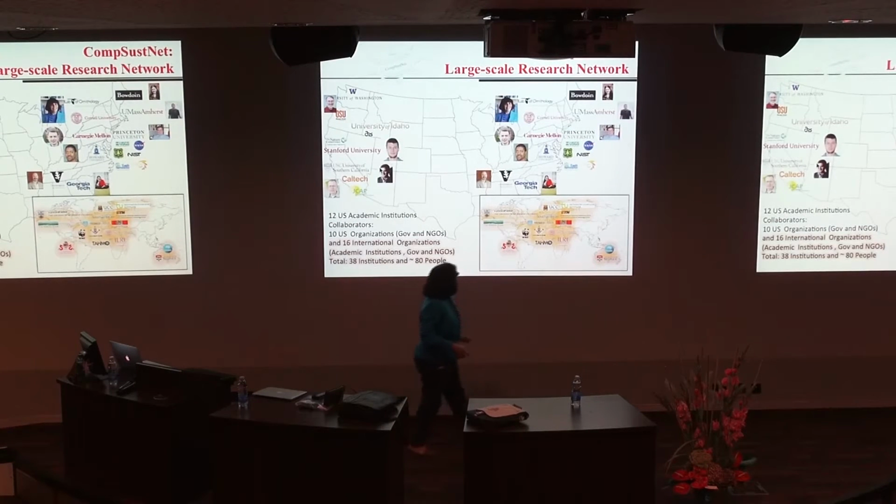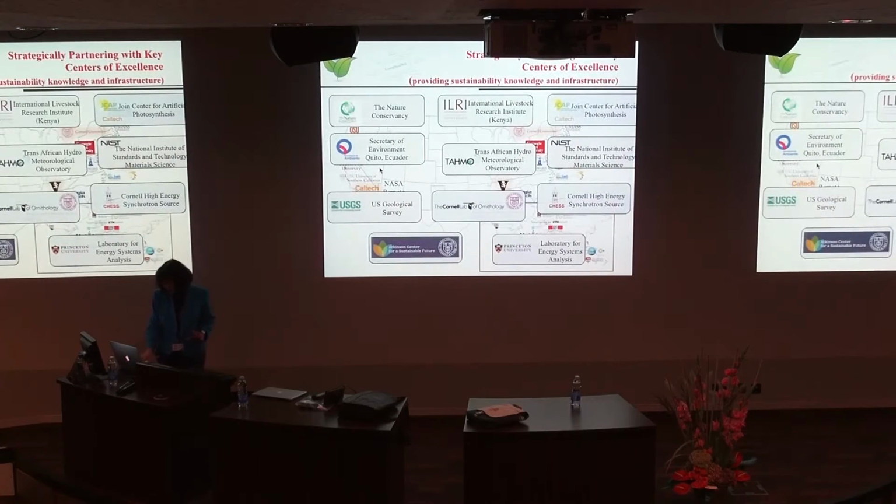And I couldn't put all the pictures because this network has a large number of people, and you will see that soon. But more important, for us to be able to have impact, we really need to team up with centers of excellence, organizations that will provide the sustainability knowledge and infrastructure.